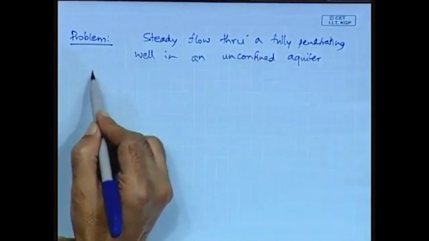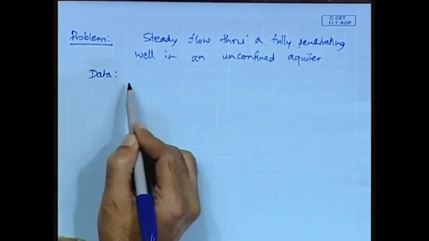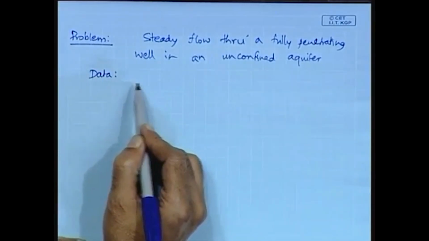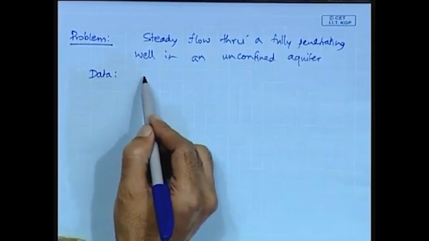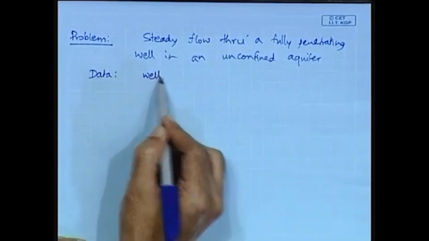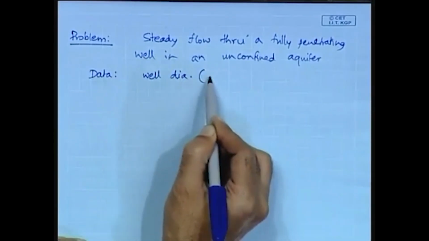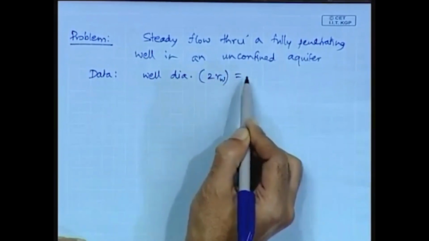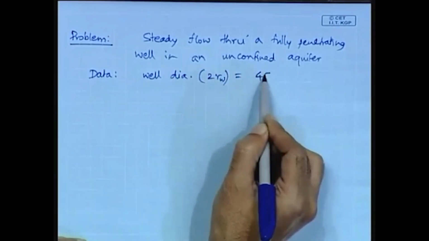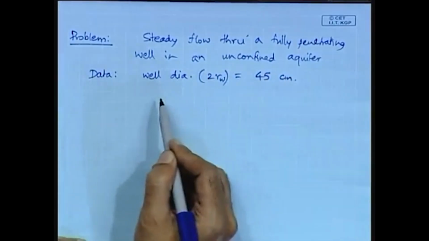So, the data is: well diameter, that is 2 RW, is 45 centimeter. So, this is the given data.